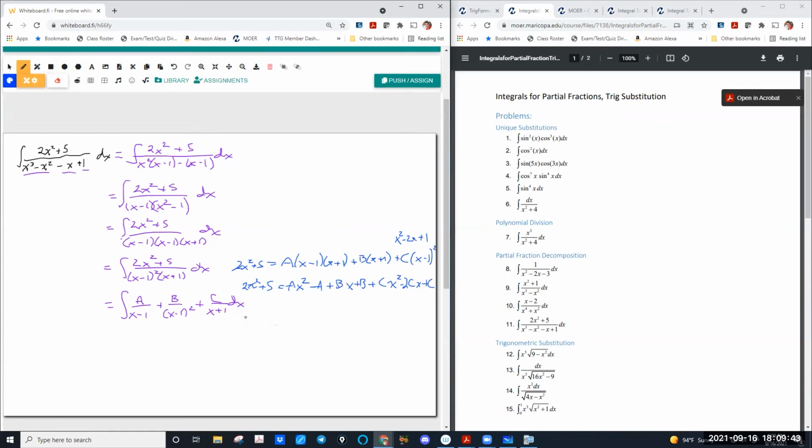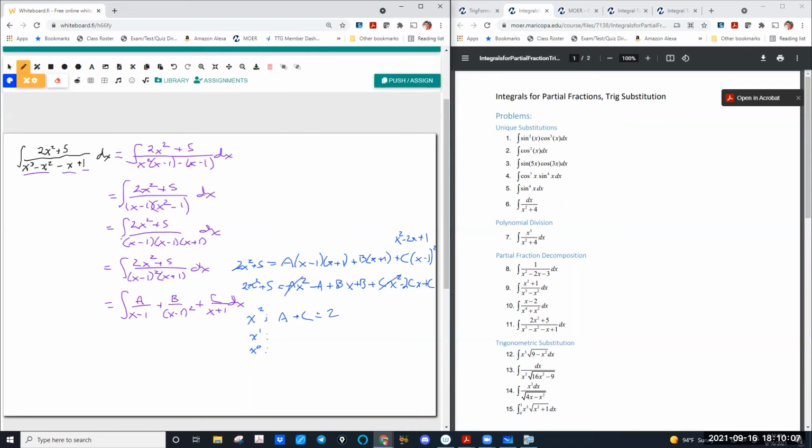All right, we make our system. This is going to be a 3 by 3: x squared, x to the first, x to the 0. For x squared, what do we got? We got A plus C. That's it. And that equals 2. So that took care of the x squareds.